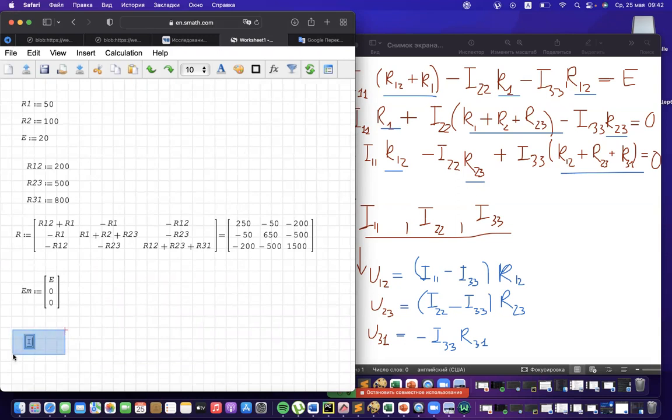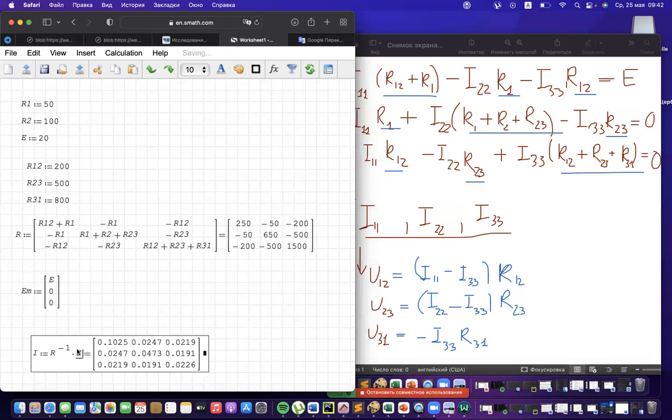Currents value is the reversed form of your matrix multiplied on the value of electromotive force.